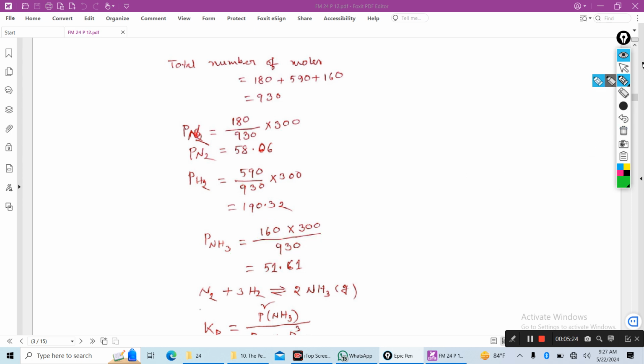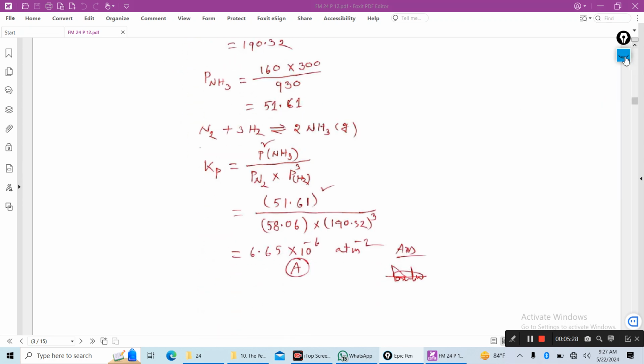Now the equation is given. Nitrogen reacts with 3 hydrogen to produce ammonia gas. So Kp equals partial pressure of product ammonia divided by partial pressure of reactants, and you know the number of moles goes to the power: here 2 moles, here 1 mole, here 3 moles.